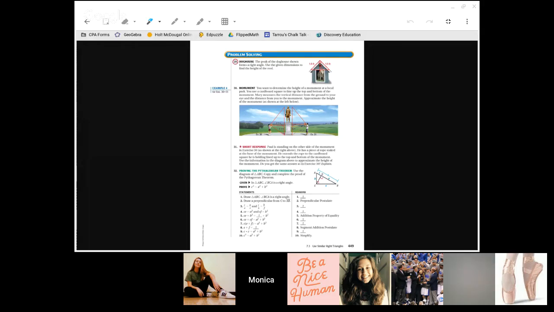So Charlotte Ann, for finding the altitude, look at theorem 7.6 in your notes. Okay, that's going to show you how to set that up. Let's see, 30 and 31.